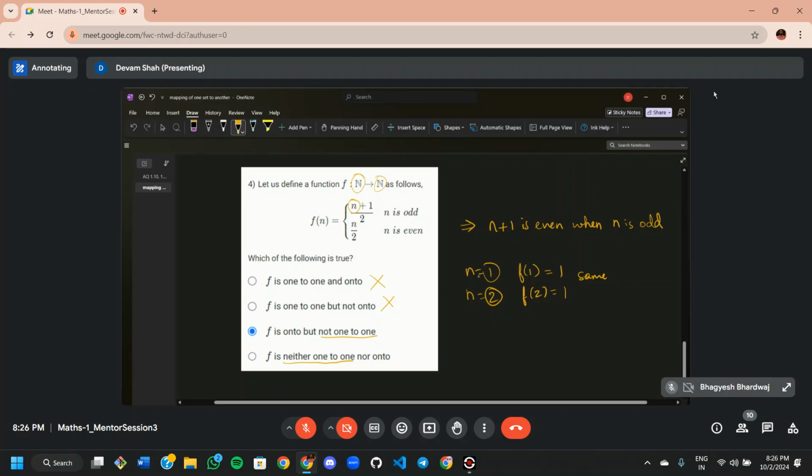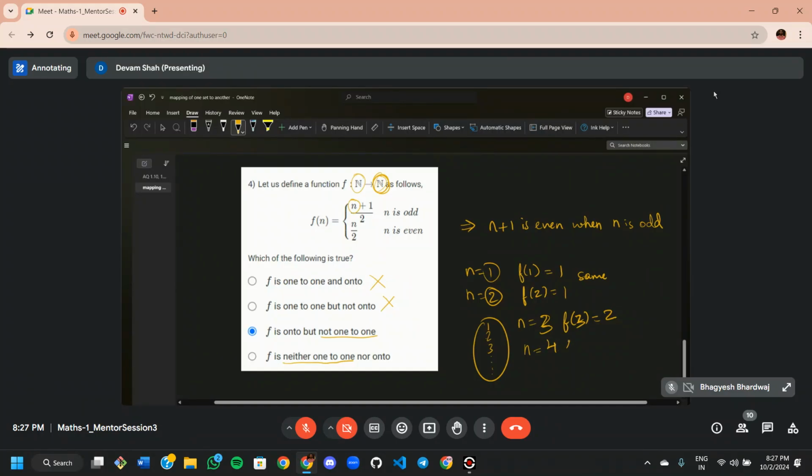Now checking for onto. What is the codomain here? Natural numbers. Natural numbers would be one, two, three, and so on, right? So here one. Now when n equals two, f of two will be equal to one; f of three equals two.